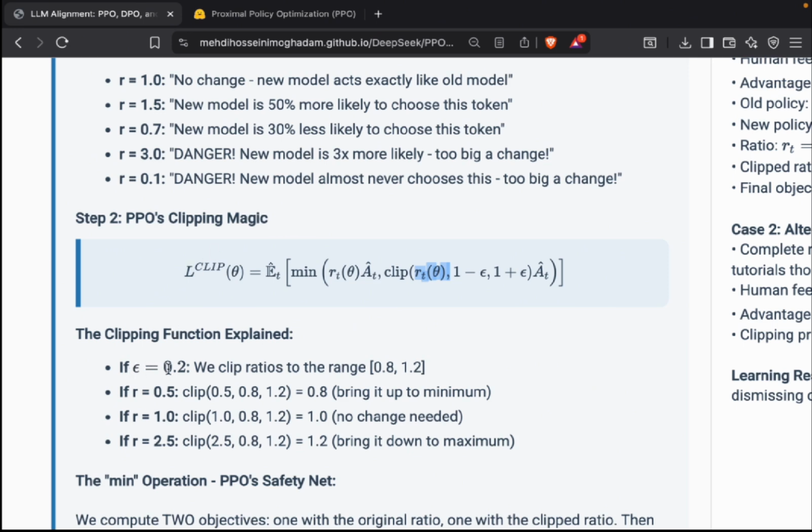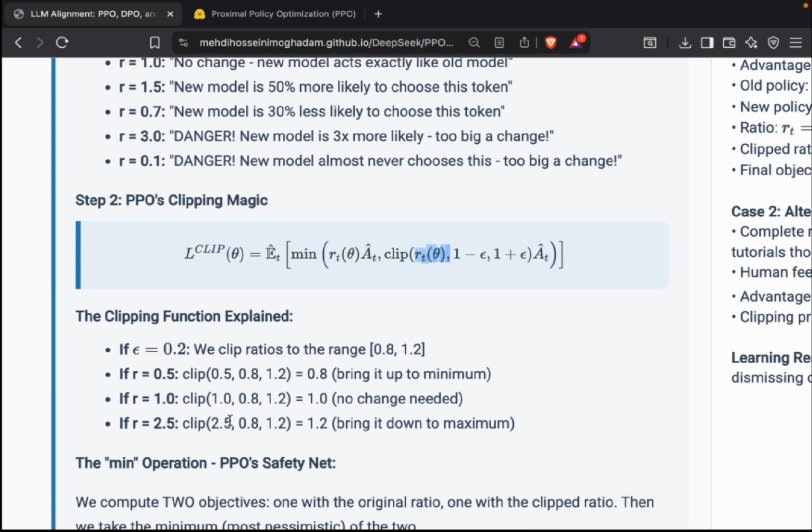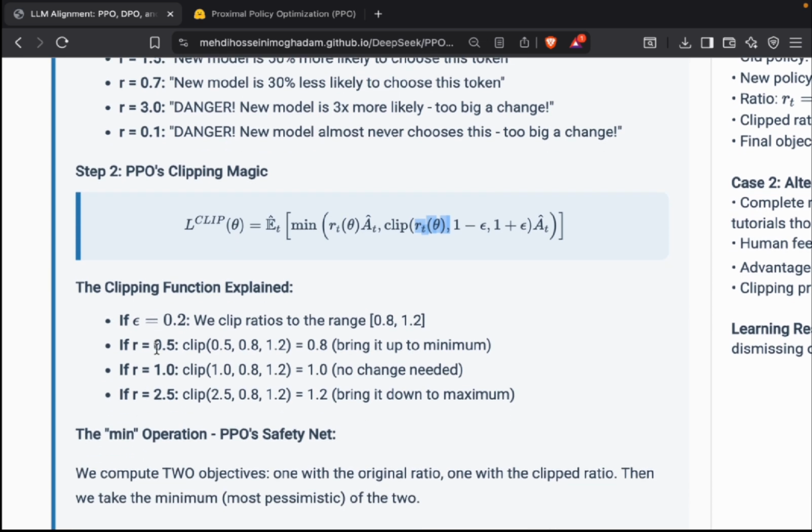If epsilon is, let's say, 0.2, the clip range would be 1 minus epsilon and 1 plus epsilon, which would be 0.8 and 1.2. If the ratio is 0.5, as you can see, it is too low, so we bring it up.